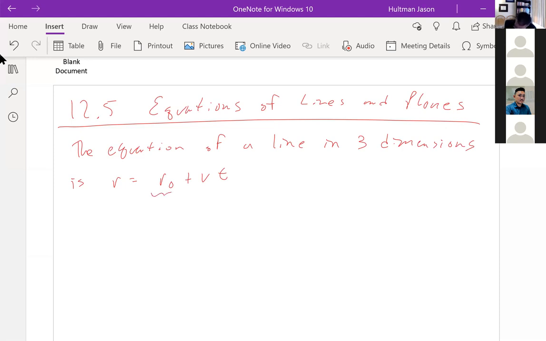Vector, vector, scalar. R naught is the vector from the origin to a known point on the line.